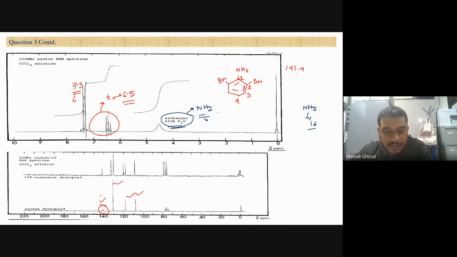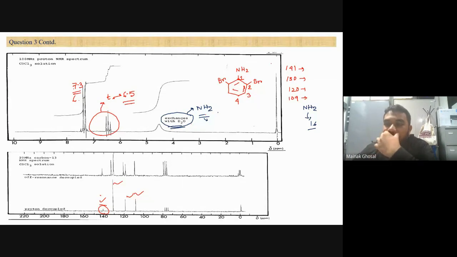You got one peak at 141, a peak at 130, a peak at 120, and a peak at 109 or 110. So I have 4 carbons.